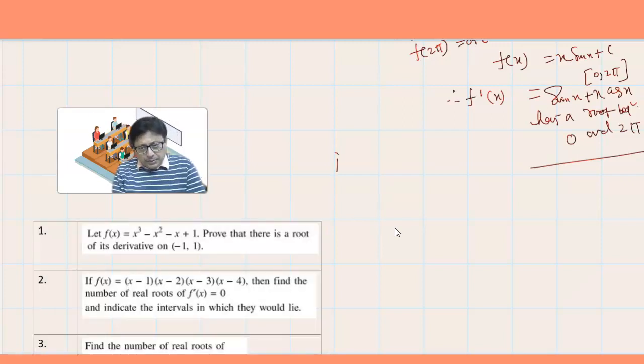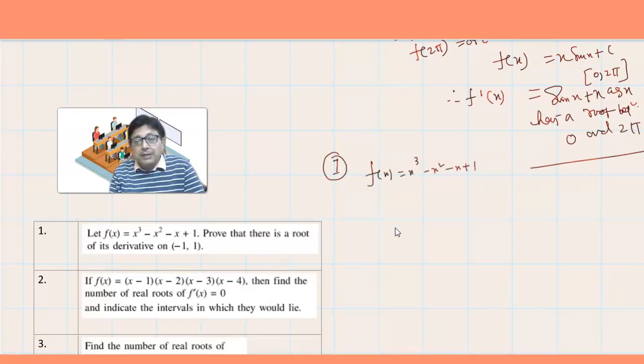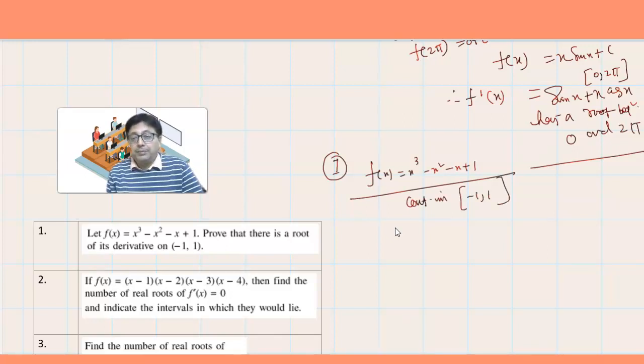How to state that? Number 1, f(x) equal to x cube minus x square minus x plus 1 is a polynomial function. This is continuous in minus 1 to 1, no issue. It will be continuous because it's a polynomial function. Polynomial functions are everywhere continuous. They are everywhere differentiable also.